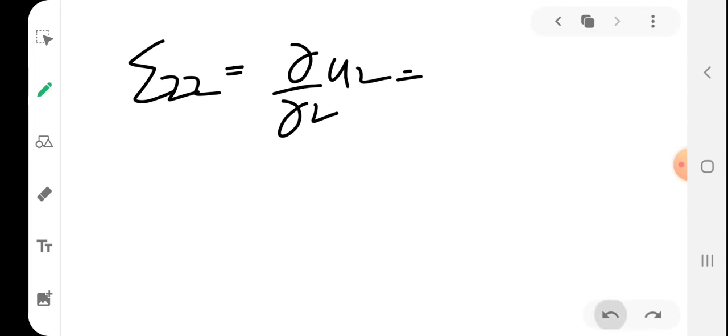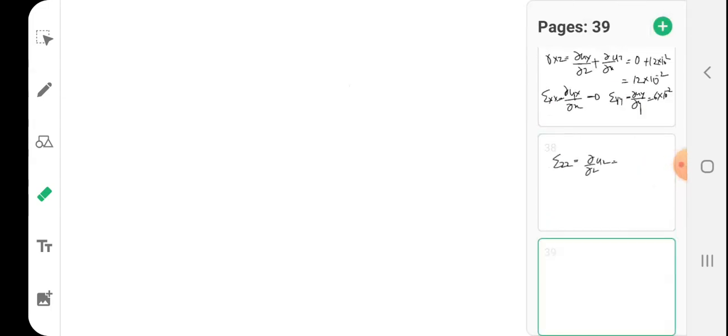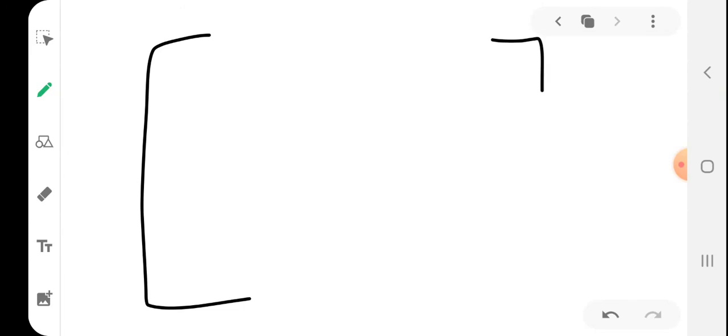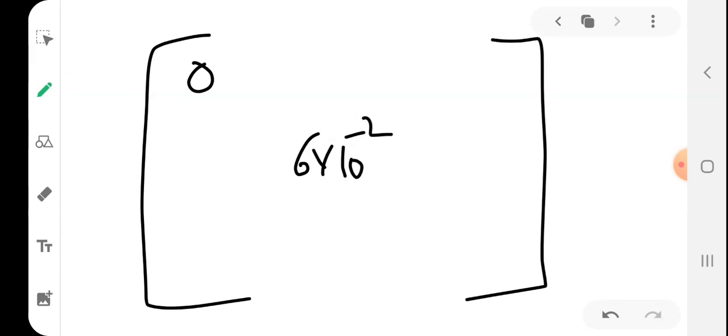So you can write this in the form of a strain matrix. Epsilon xx is 0. Epsilon yy is 6 into 10 raised to minus 2 at point P. This is 0. xy is 0.